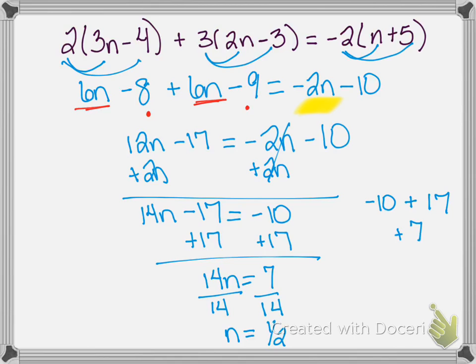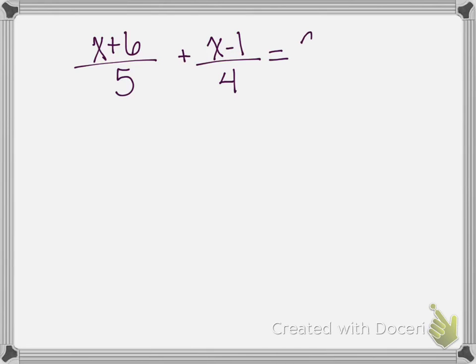Okay, now we're going to do some fractions. Okay, can I move off the screen? Okay. So I'm going to get you started on this one. So I've got x plus 6 over 5 plus x minus 1 over 4 equals 2.